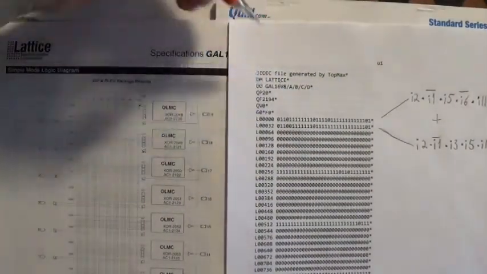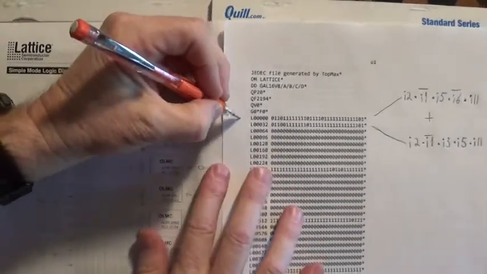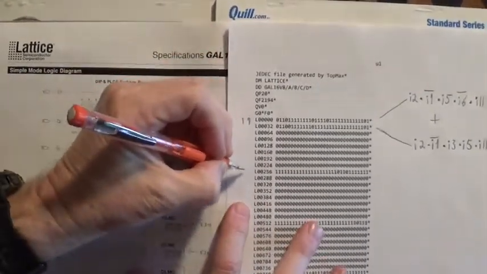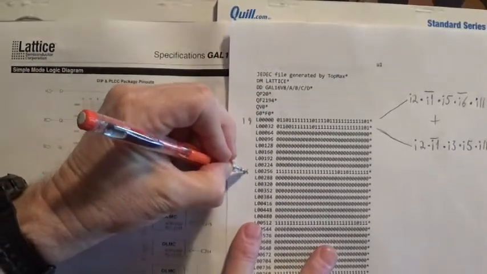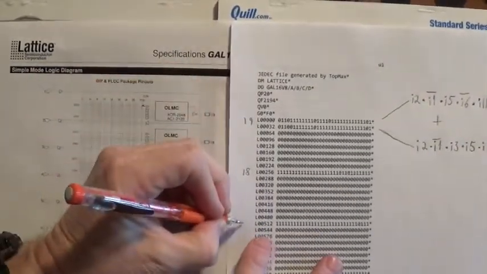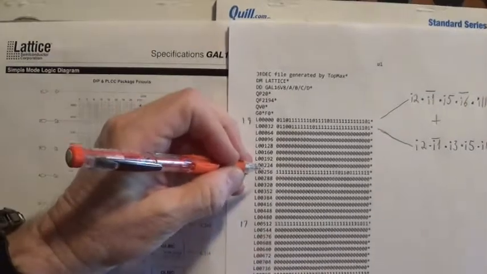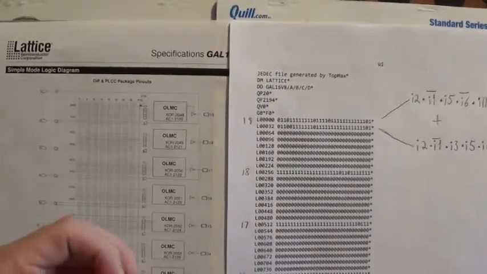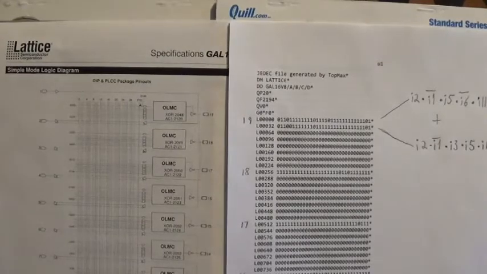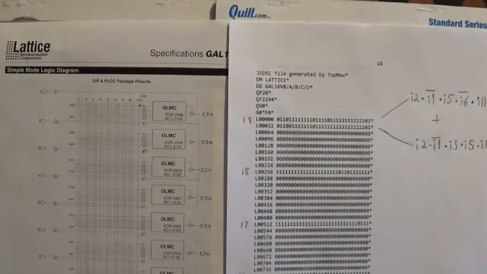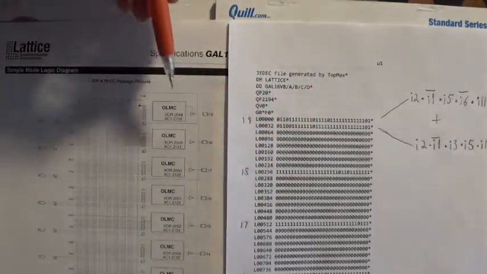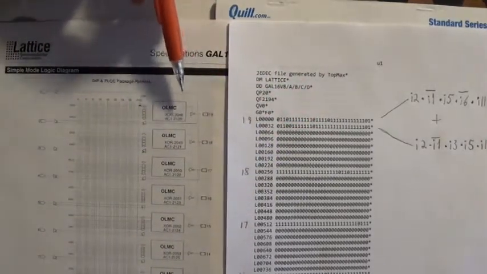Now that's for pin 19. Up here's 19. This one down here is pin 18. This one here is 17. This one's 16, and so on. And you can tell which pin this one is for by following it back.